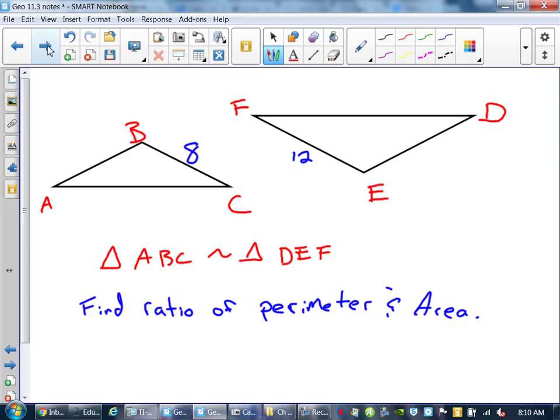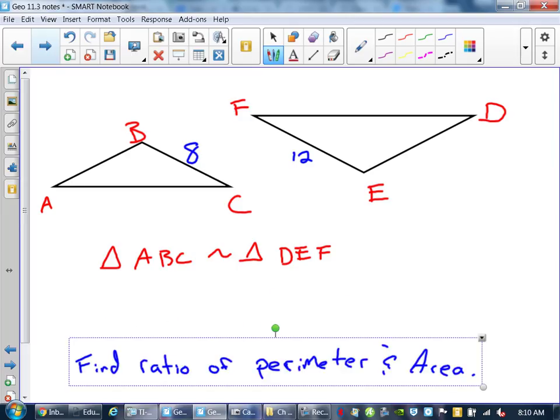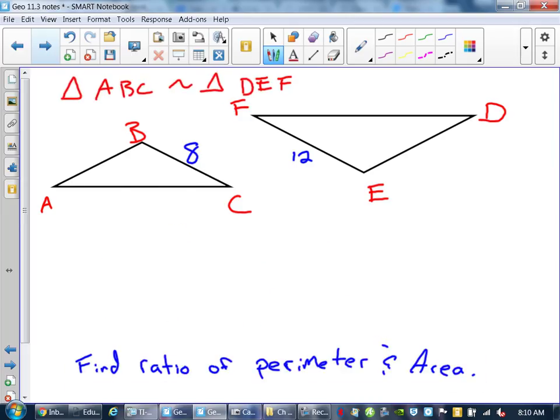So what we have here is triangles ABC and triangle DEF. And it says right away that they are similar. Remember, usually what we do is we go from left to right because we use our similarity statement. Let's move this up so I have room.